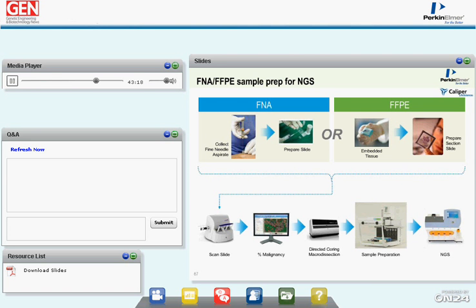If we are removing material from the block, we're using another 3D Histech product. It's a robotic tissue microarrayer called a TMA Master.